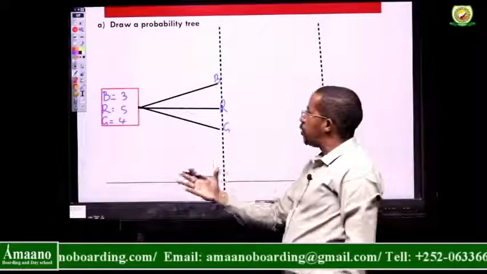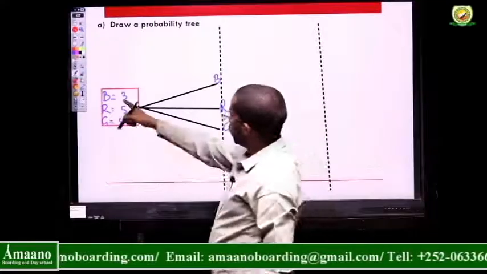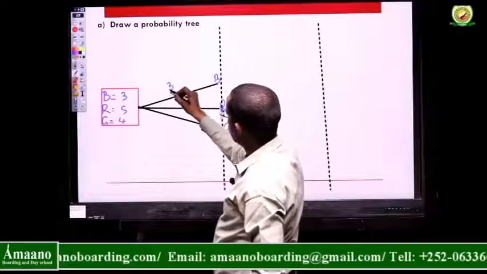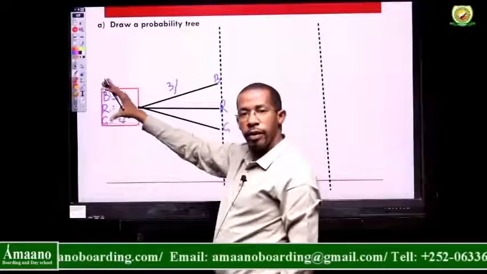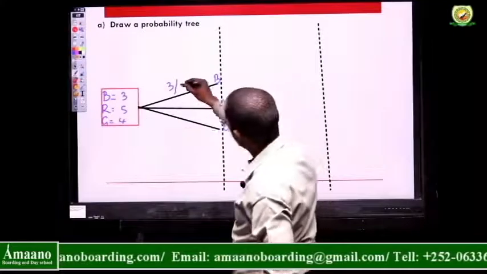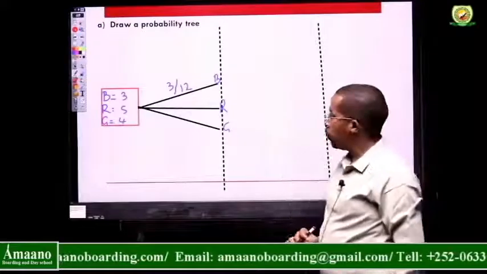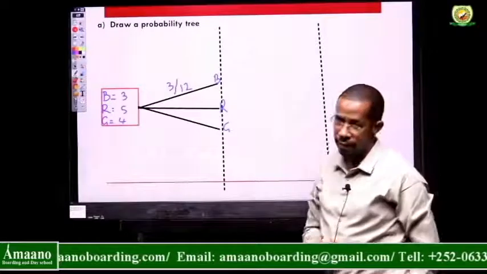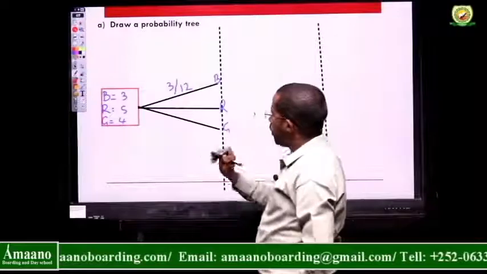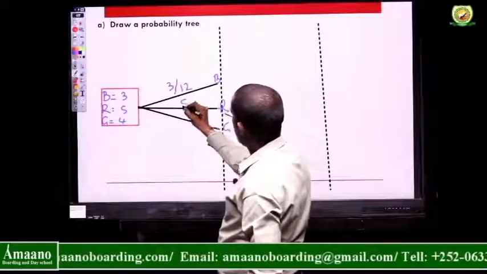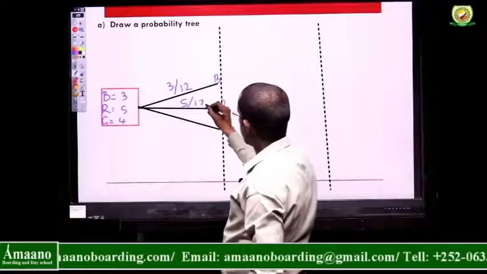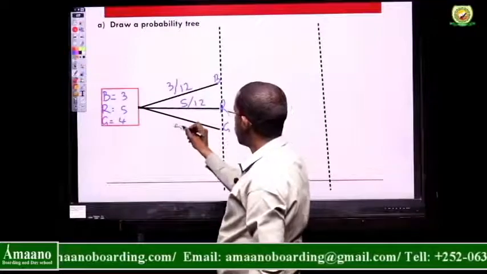So what is the probability of getting blue? You take 3, the number of blue, divided by the total. The total is 12. So this is the probability that he gets a blue marble when he draws the first time. Then probability of red will be 5 divided by 12. And this one will be 4.